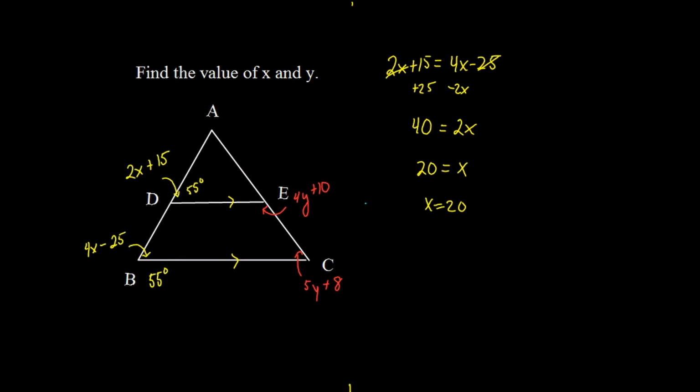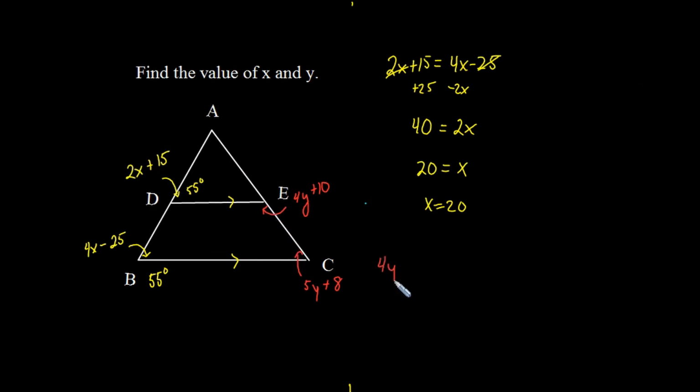But we're also asked to find the value of y. Well, the relationship between these two angles, because we have parallel lines, we have the same side interior angles theorem, or the consecutive interior angles theorem, which tells us that these two angles must be supplementary.